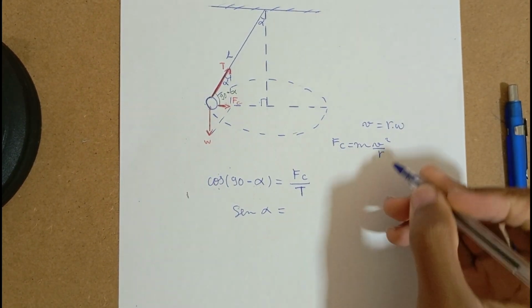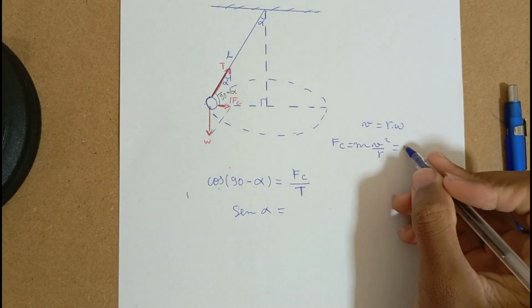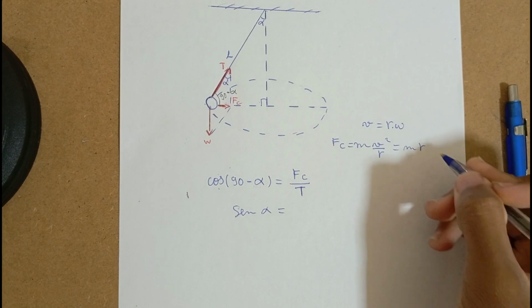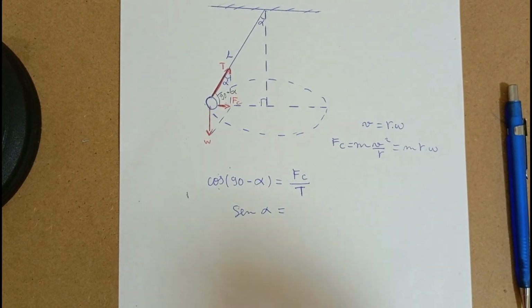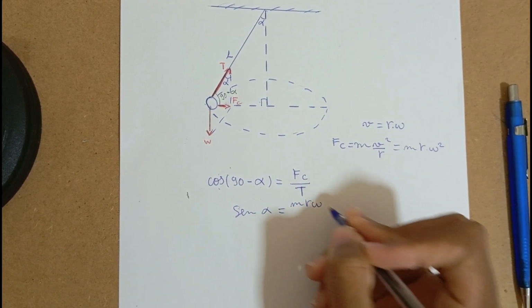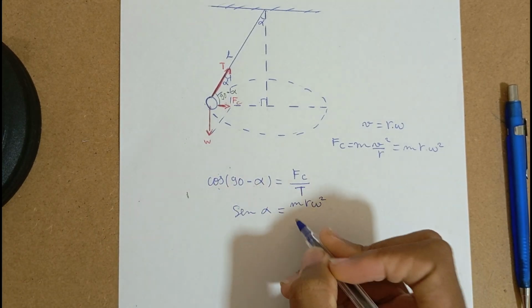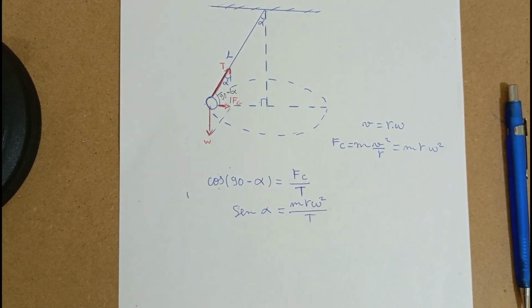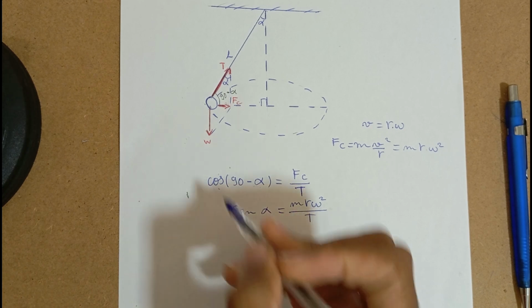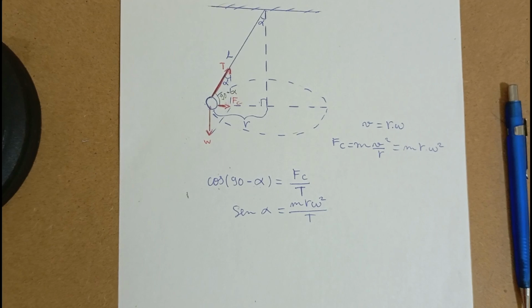So if you plug this in here, you'll get mass times radius times angular velocity squared. So I'm going to plug that in here. Then, the radius, they are talking about this distance, and then I'm going to use trigonometry here.